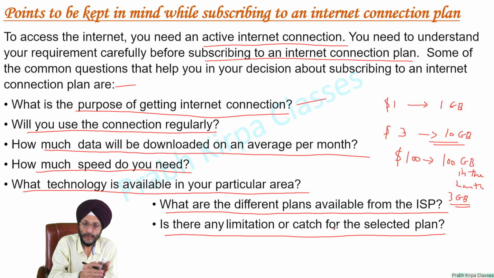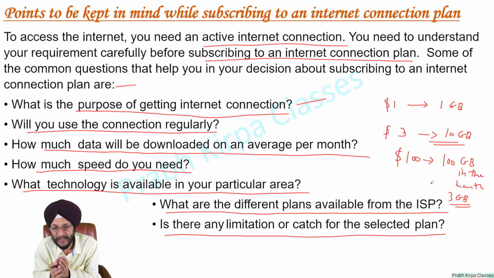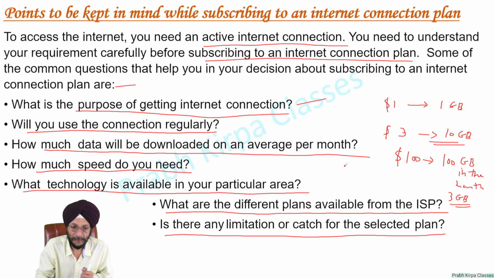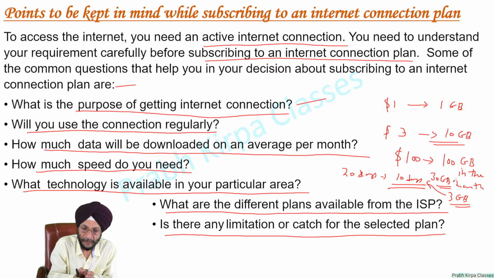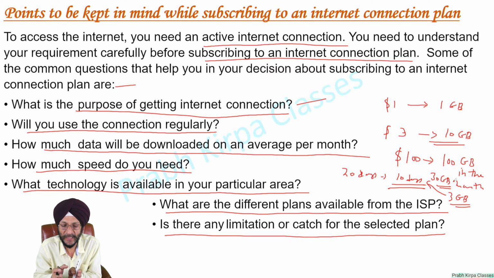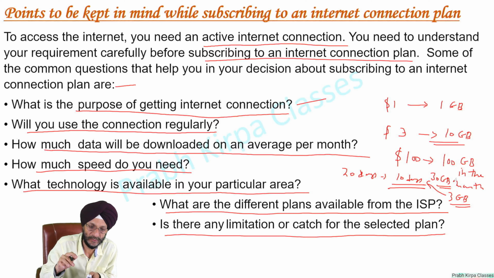Suppose you have not used the internet facility for 20 days, and only 10 days are left. Then, as per the limitation, you will be in a position to use only 3 GB of data per day. In other words, in the rest of the month for 10 days, you will be able to use the facility for a maximum of only 30 GB and not the 100 GB total. Such types of limitations or conditions may be imposed by the internet service providers.